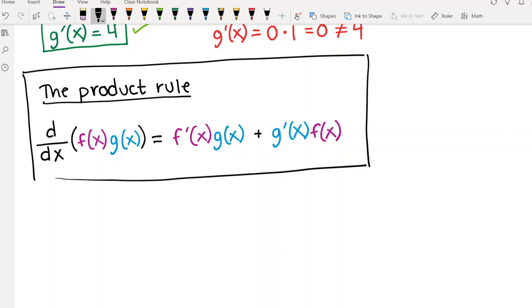Okay, so let's see how this would actually apply to the example that we started out with. The question I posed at the beginning was, if our function is x squared times e to the x, how could we take the derivative of that? And so now we have this rule that tells us how to take the derivative.